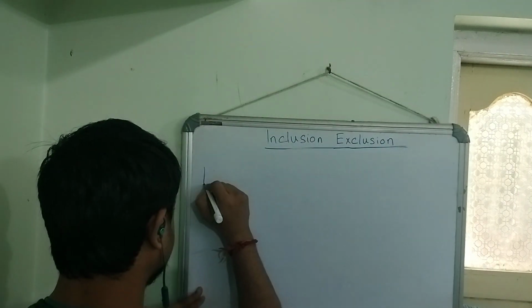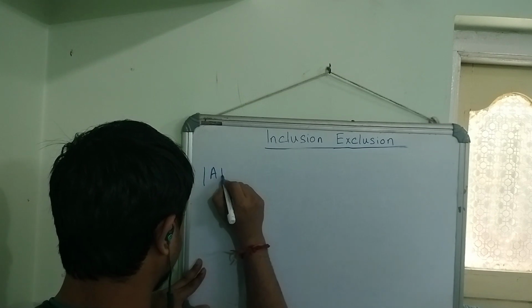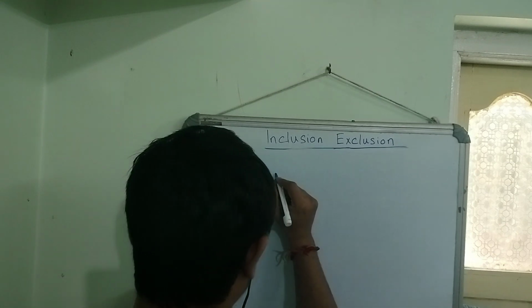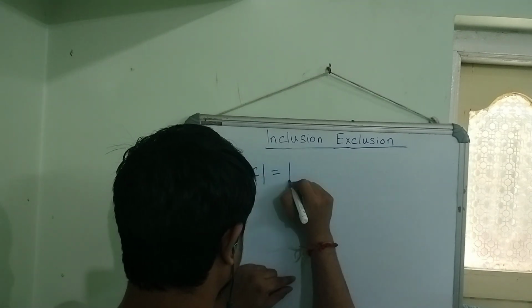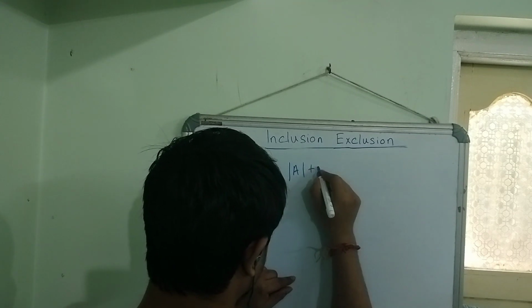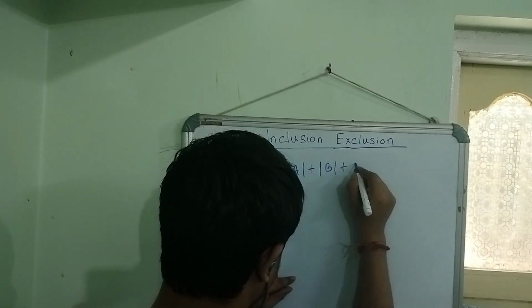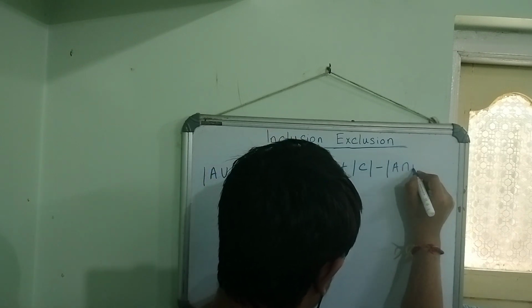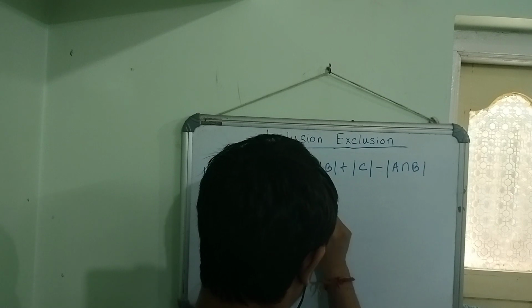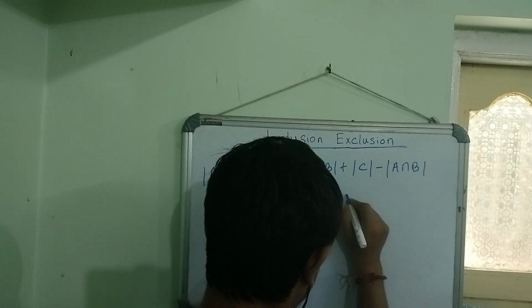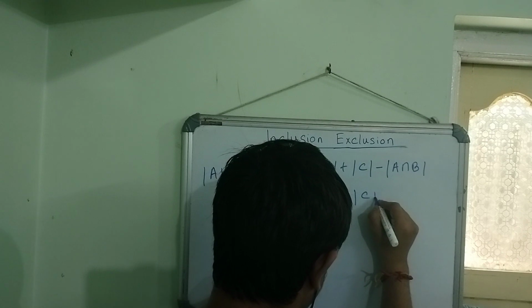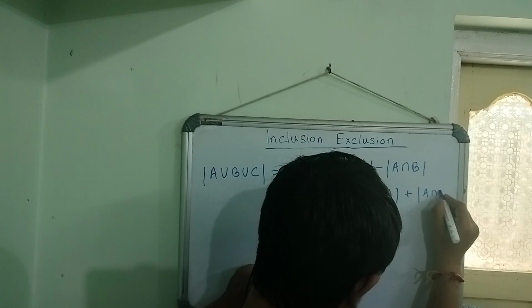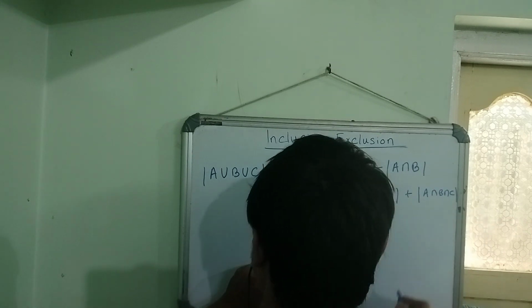For three sets, the number of elements in A union B union C is the number of elements in A plus the number of elements in B plus the number of elements in C, minus the number of elements in A and B, minus the number of elements in B and C, minus the number of elements in C and A, plus the number of elements in all three.